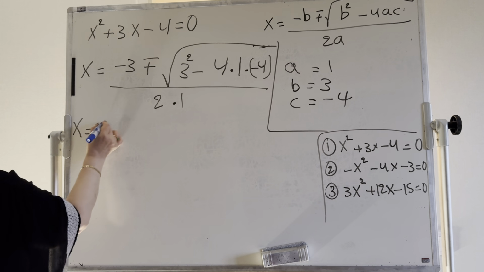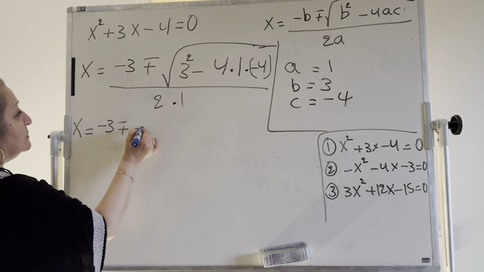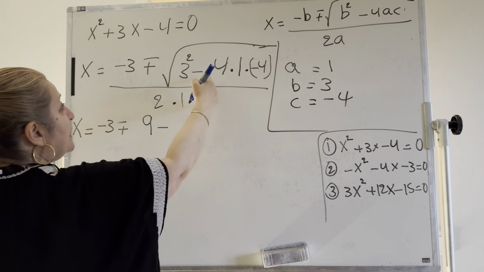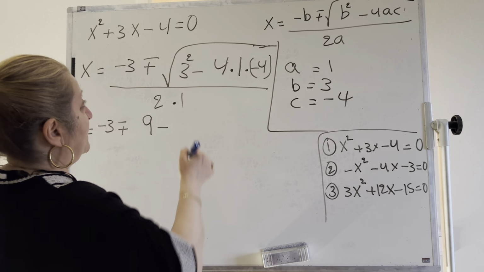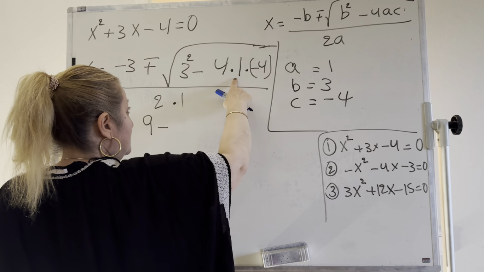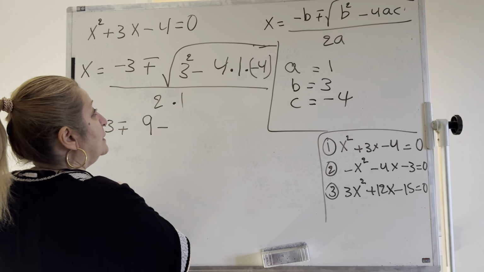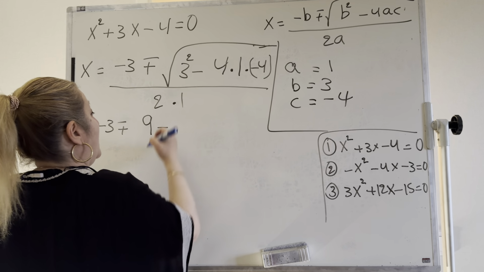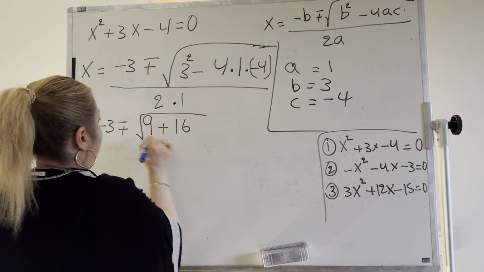x equals minus 3 plus or minus the square root of 3 squared, 3 times 3 equals 9, minus. I have a minus here and a minus here, and it's multiplication all the way. 4 times 1 is 4, times minus 4 is minus 16, so minus minus 16 equals plus 16.